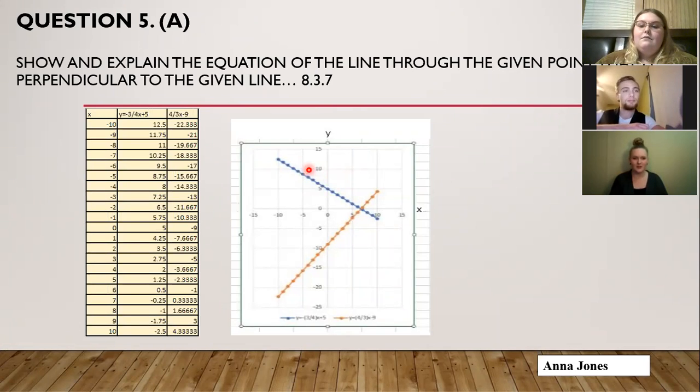So our equation for a line is y equals mx plus b. So m is going to be our slope, x is our variable, and b is our y-intercept. Okay, so it's kind of like a number that you haven't plugged in there yet. Right. Okay, that makes a lot more sense.